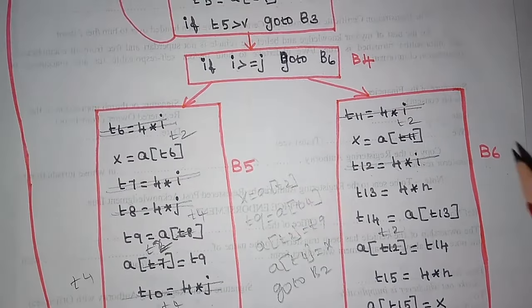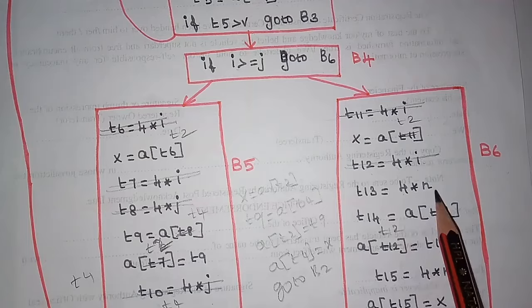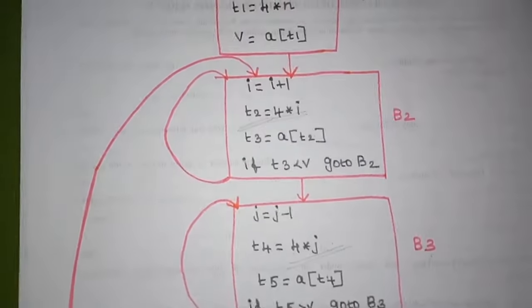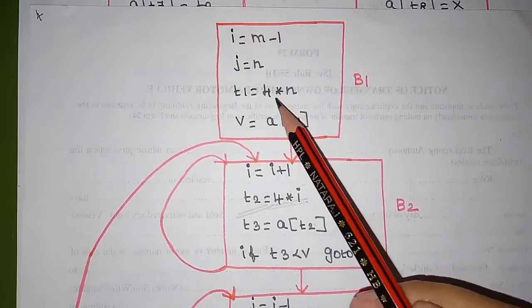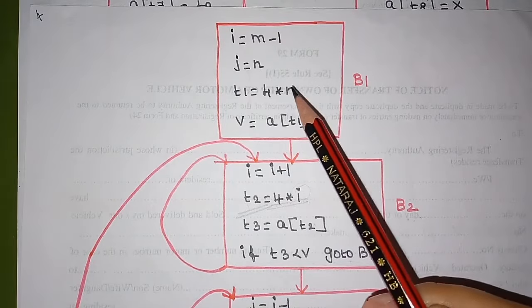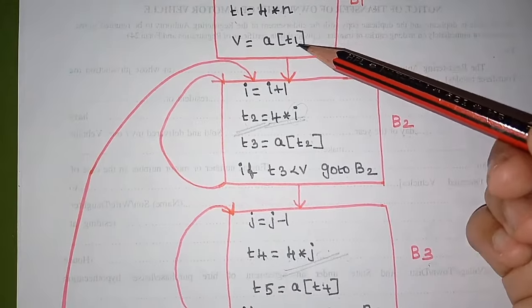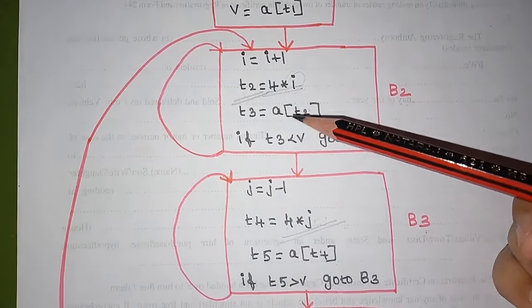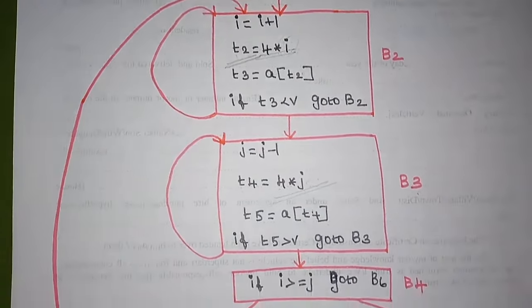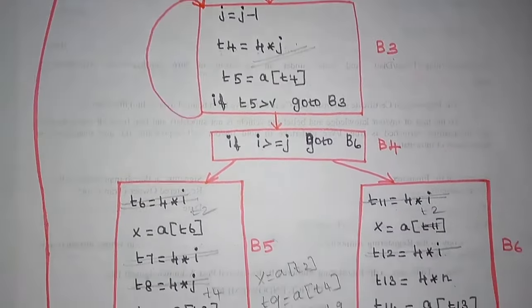Now in the same way, looking at this 4 star N. Here in block 1 we have 4 star N, which is assigned to T1, and after this statement there is no other statement which changes the value of that computation 4 star N. So what we can do now is eliminate these redundancies.